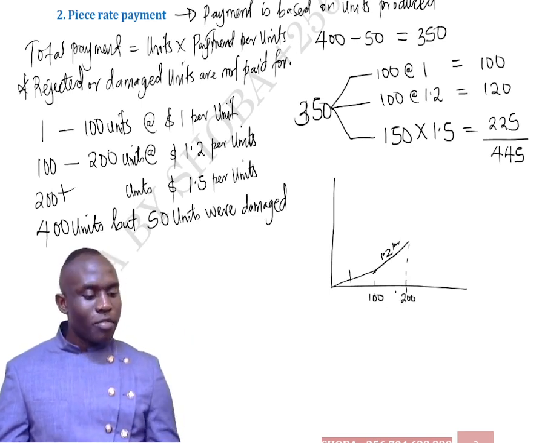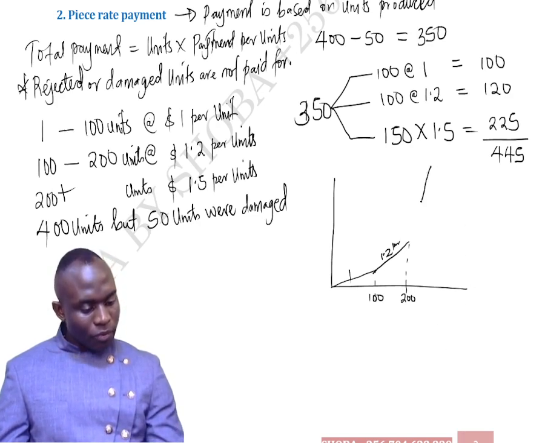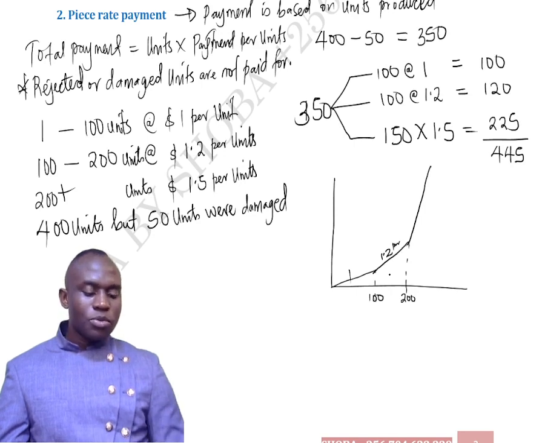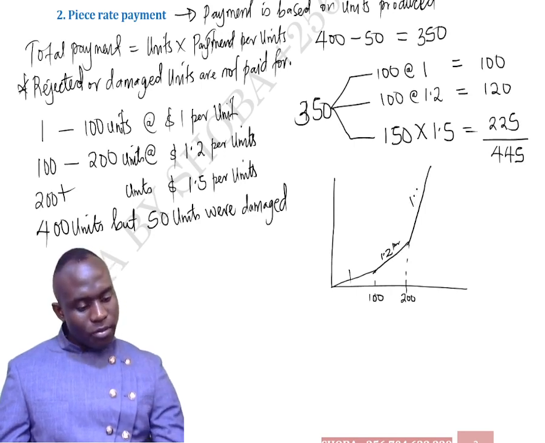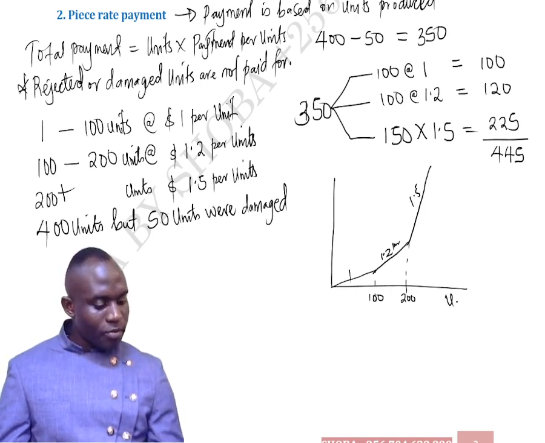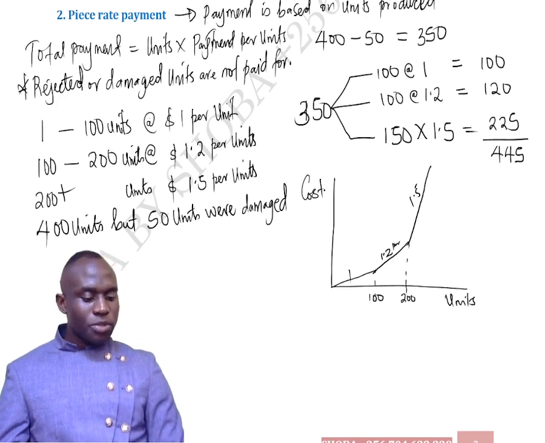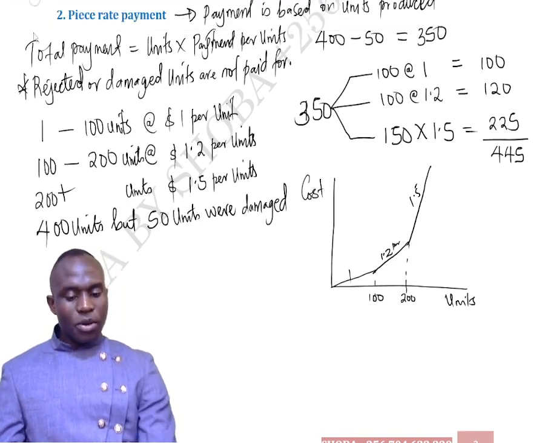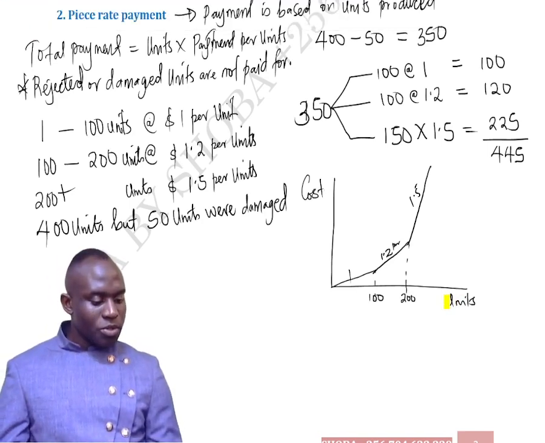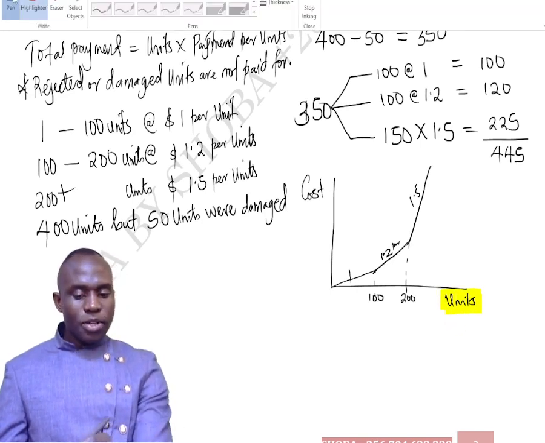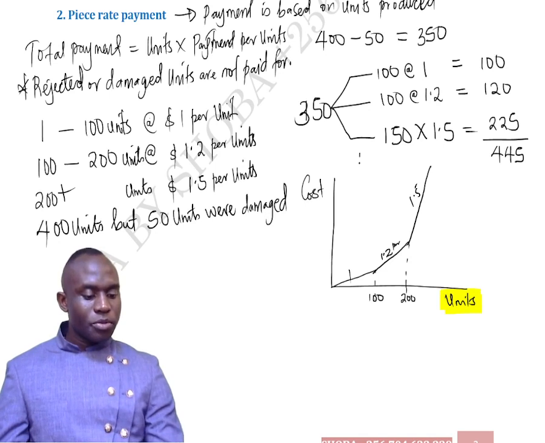Then anything above that, the payment is 1.5. So you can see the steepness of the graph, but here we have units and here we have cost. So differentiate between these two graphs. The first one we did, this was hours, but now in this one it is units. So if you have units, this graph represents piece rate.